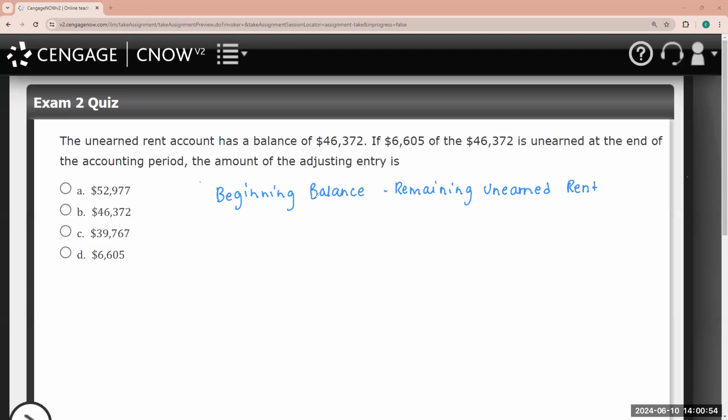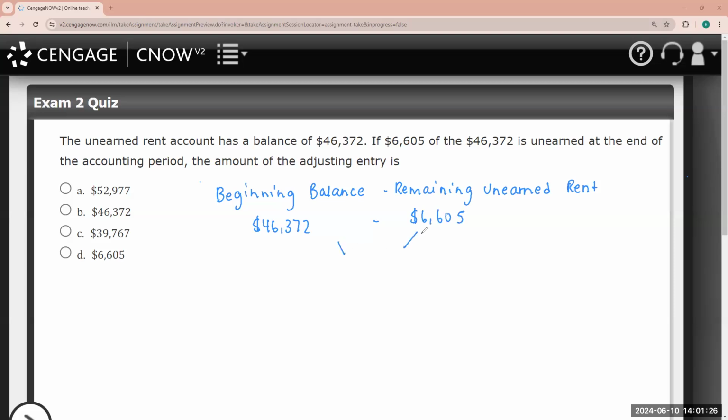All right, so based on this information, it lets us know our beginning balance was $46,372. And then it lets us know that our unearned balance at the end of the period is $6,605.